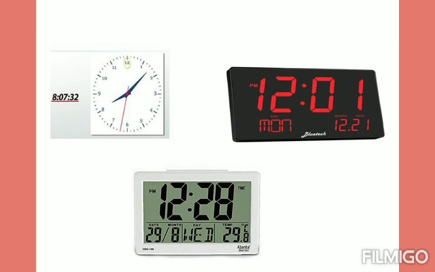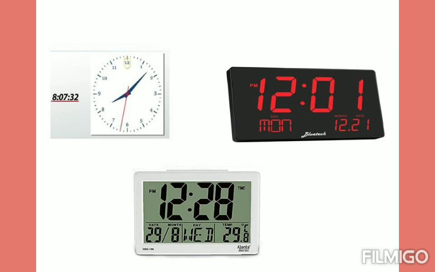So the time is 8:07:32. The first refers to the hours, the second refers to the minutes, and the third one refers to the seconds. All are separated by a colon.